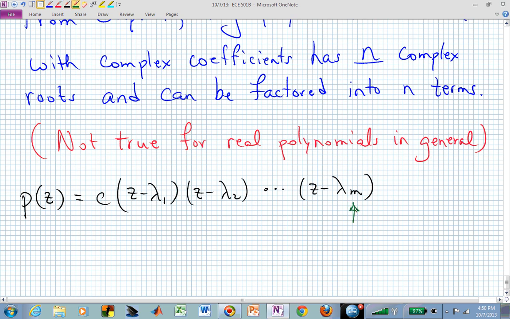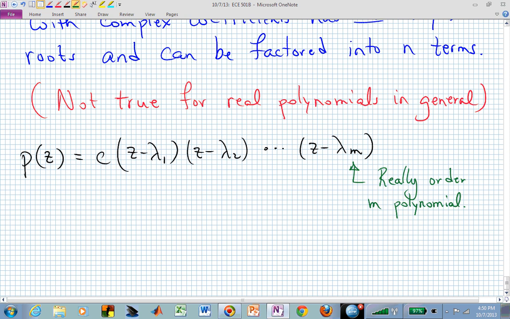So this is really just an order n polynomial. So that's what we're assuming is true. Now that we have that polynomial and factored it, now we can go back and play with our operator equation.